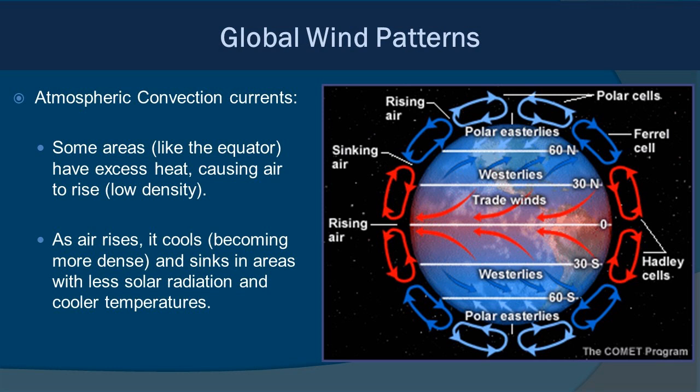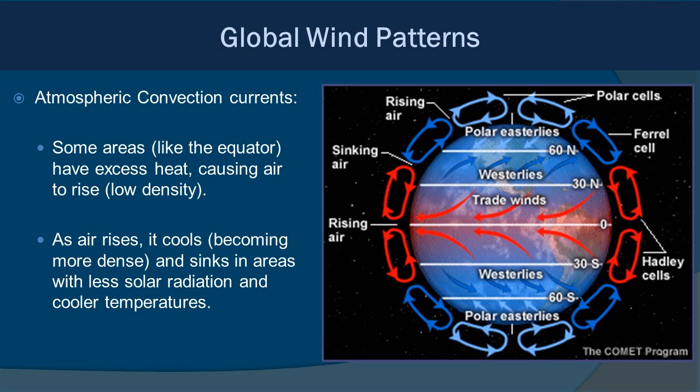You have areas like the equator where warm air rises. Of course, warm air is less dense. That's why it's rising. As it increases in altitude up into the troposphere, eventually it's going to get cooler. As it gets cooler, it's going to get denser. As it gets denser, it's going to sink in areas of less solar radiation and cooler temperatures.